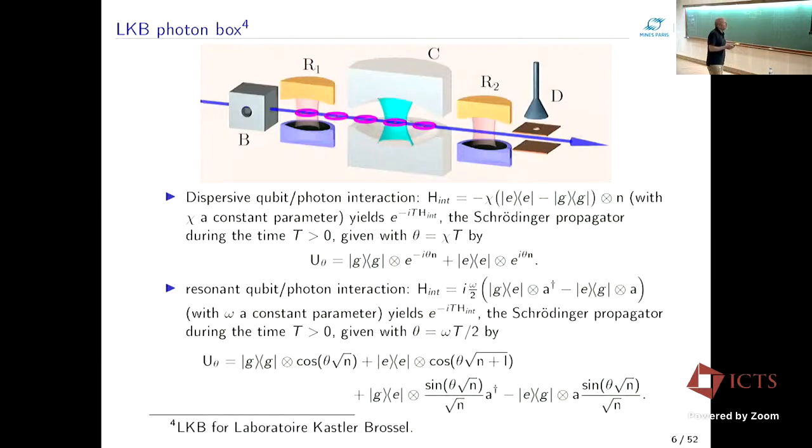Which means that in this setting you can compute the propagator very easily. The propagator corresponds to this unitary evolution. If you are in the ground state, you impose a phase theta on the photon. And if you are in the excited state, you impose the opposite phase.